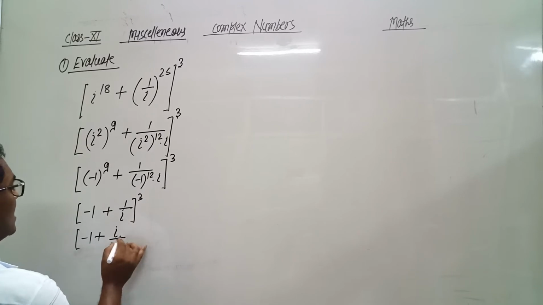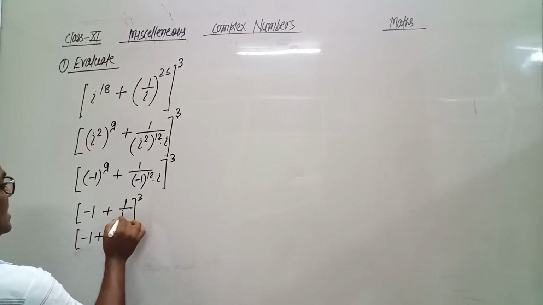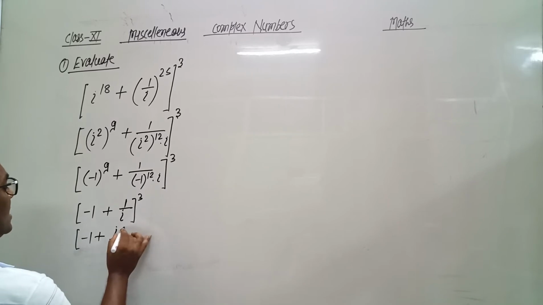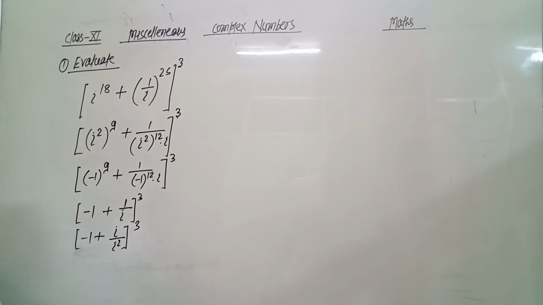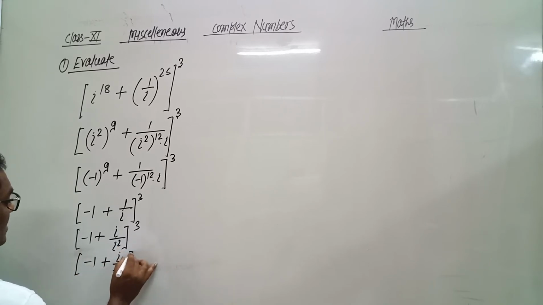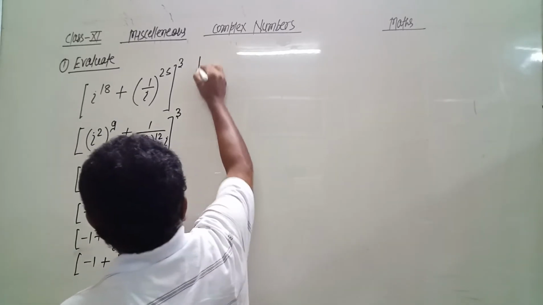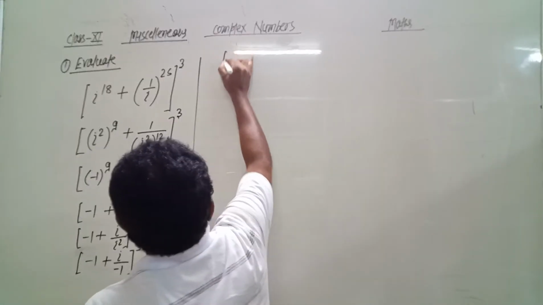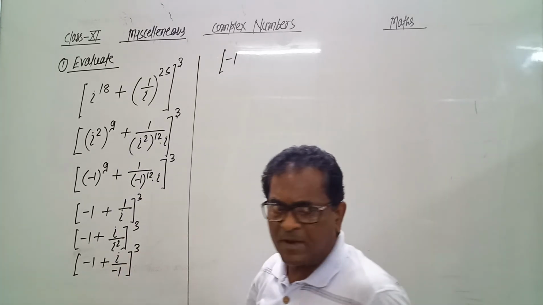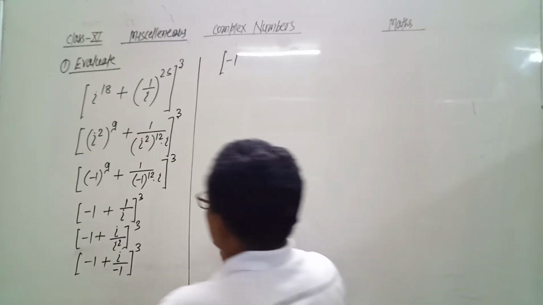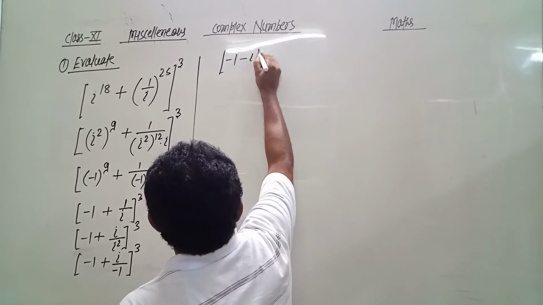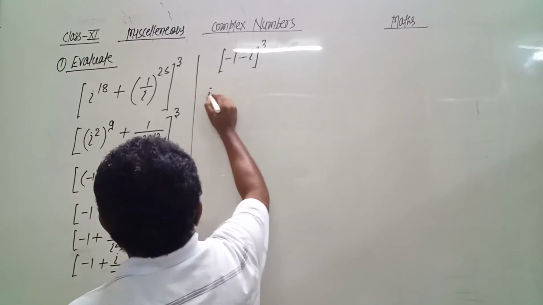So we get i upon i^2, which is i upon minus 1, so it becomes minus i. So we have (-1 - i)^3.